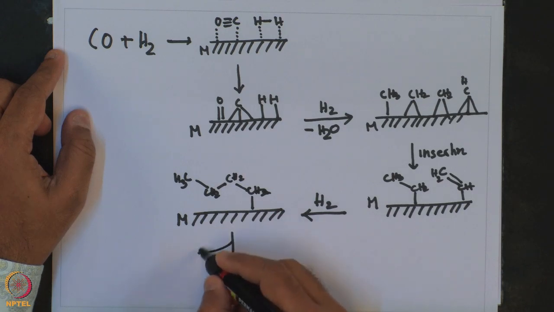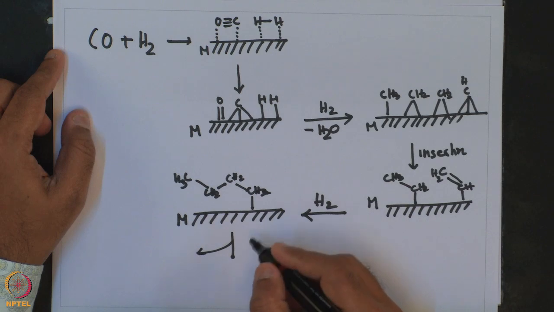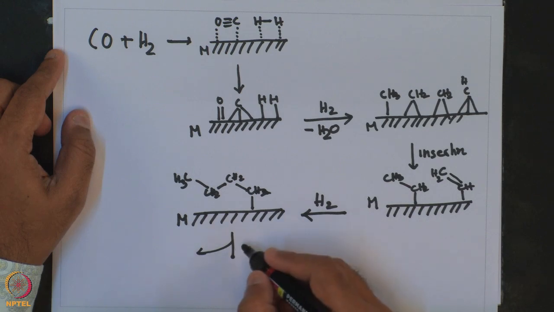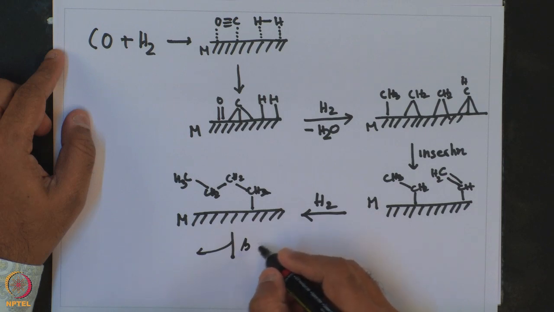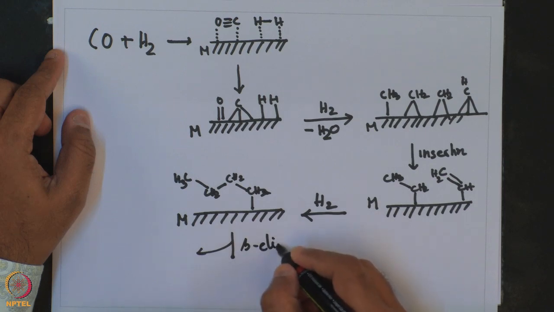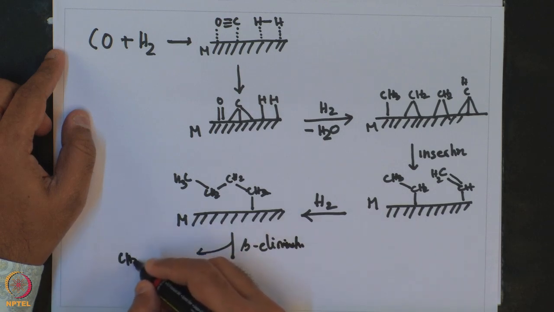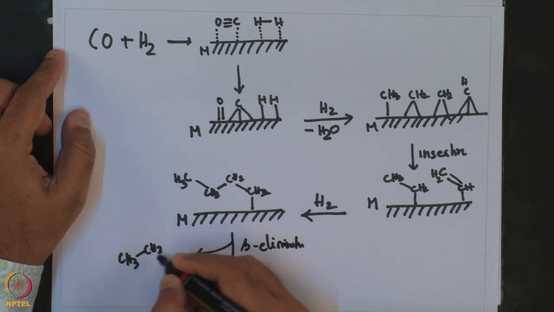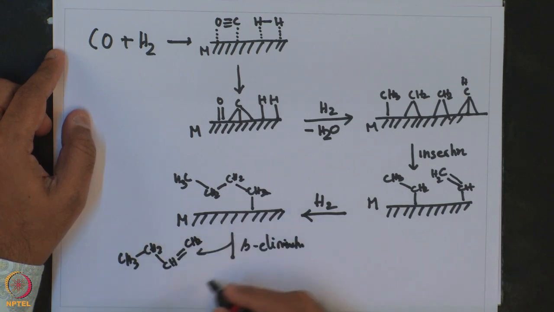This undergoes beta elimination to give CH3 CH2 CH CH2 and metal hydride.